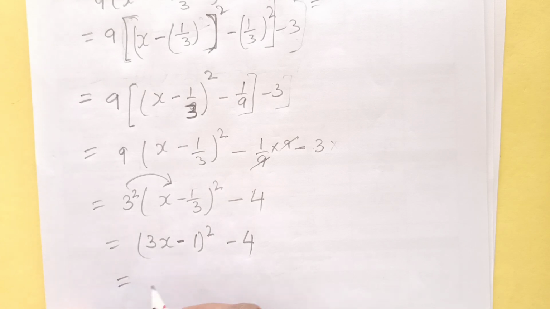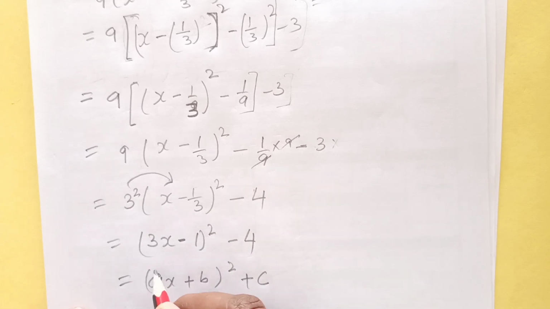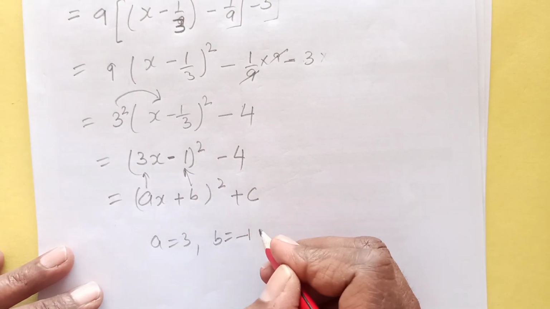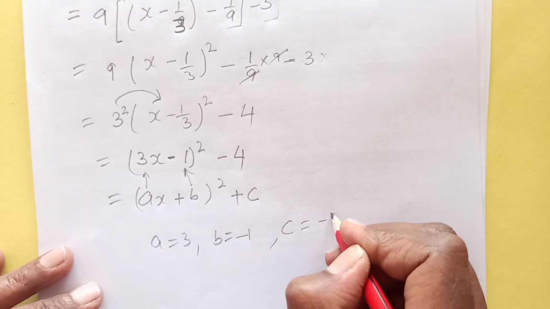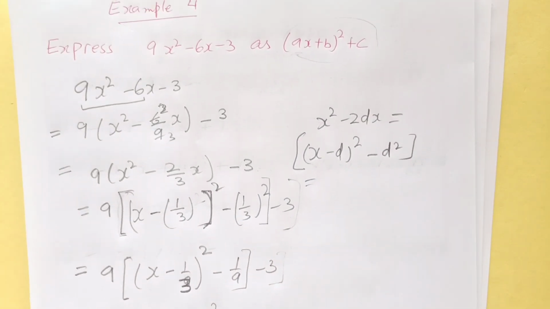So that's in the form, let's see this one, (ax plus b) squared plus c. Now you see your a is 3 and b will be negative 1 and c is going to be negative 4, right? So that's how you will complete this question.